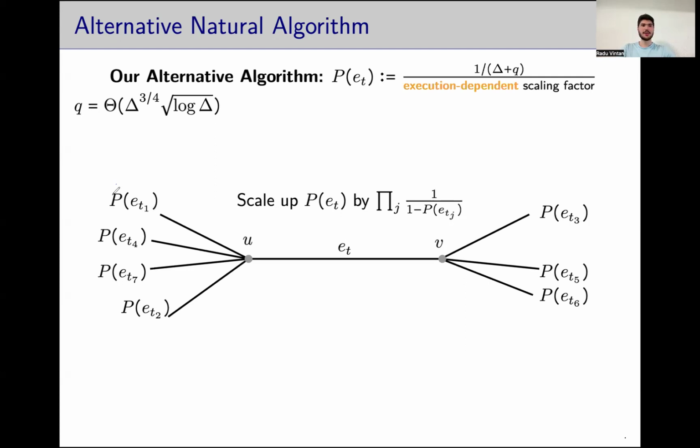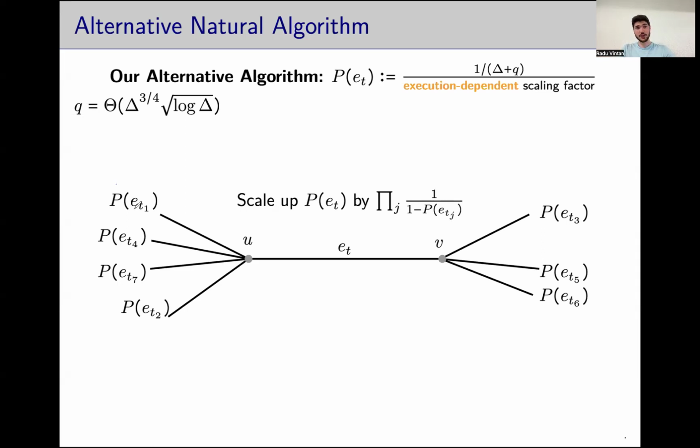And this is some quantity P of E_t1. But now crucially, P of E_t1 should be thought of not as a number, but as a random variable. So if you run the algorithm again on the exact same instance, this P of E_t1 might be something else. So this random variable has different instantiations depending on the execution.